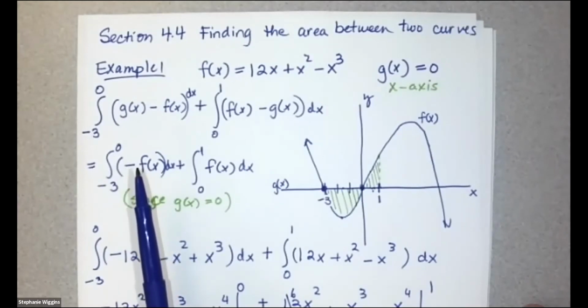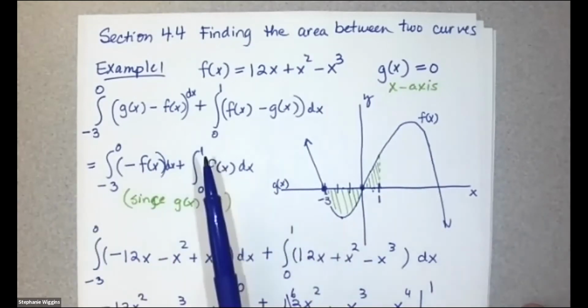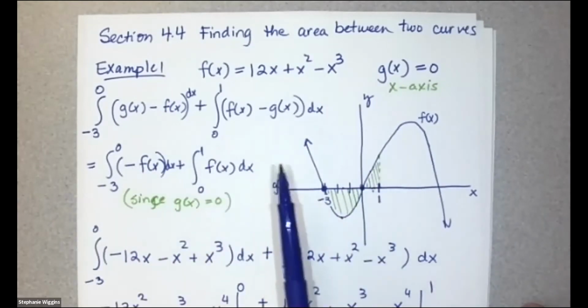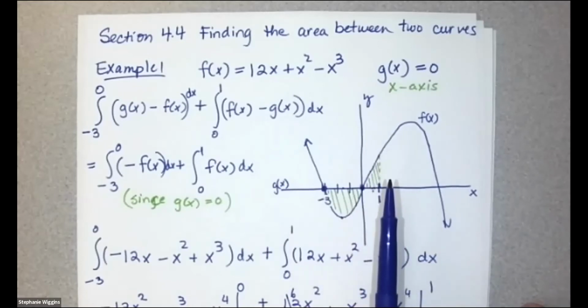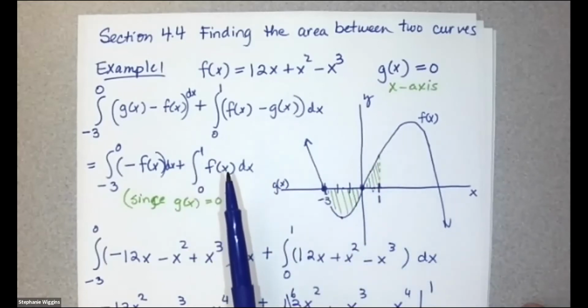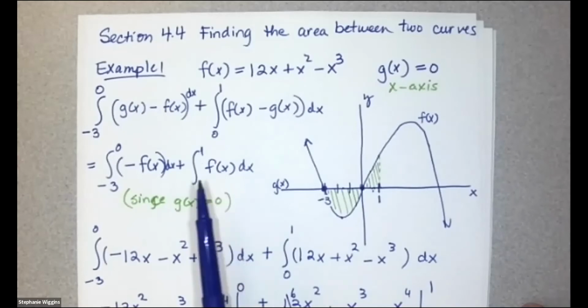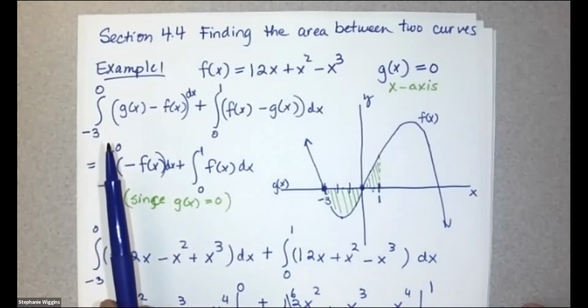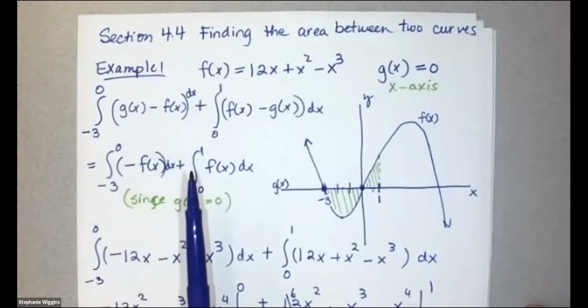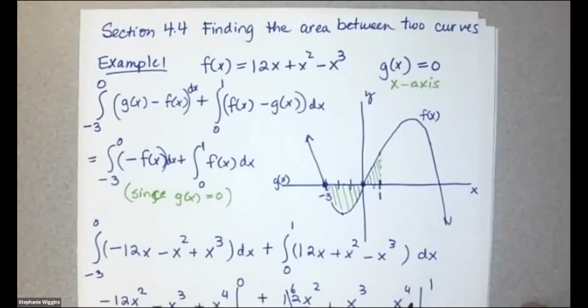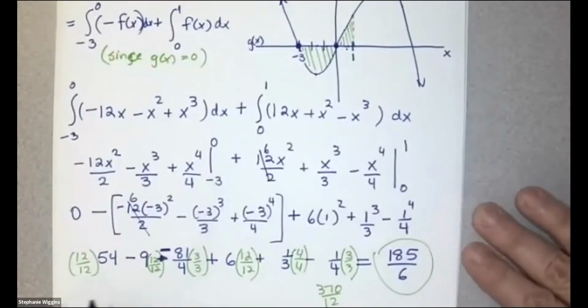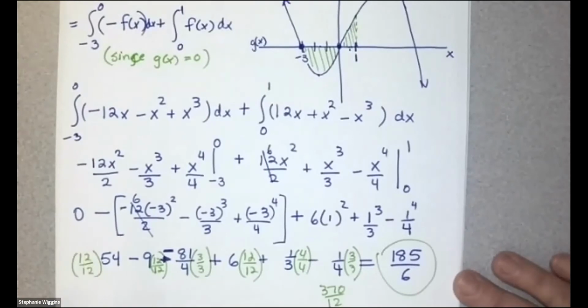That's why we take the negative of a negative. Now here, however, the function is above the x-axis, so you just integrate your function. You don't take the negative. So we go from -3 to 0 to get the left area, and from 0 to 1 to get the right area. And then we calculate our integral, and it's pretty simple.